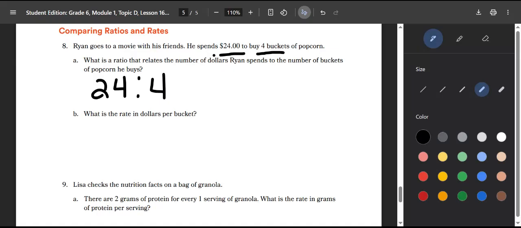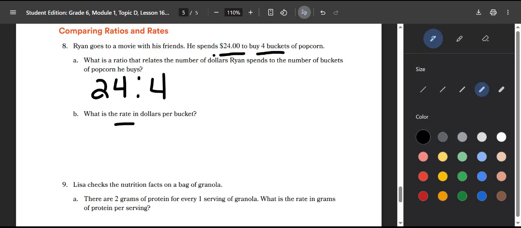What is the rate in dollars per bucket? So here we're using the word rate. Rate is a ratio, but in a rate, one of the numbers is 1. So I can figure out, because it tells me how much he paid for 1 bucket. So what I want to be 1 is what comes behind per.